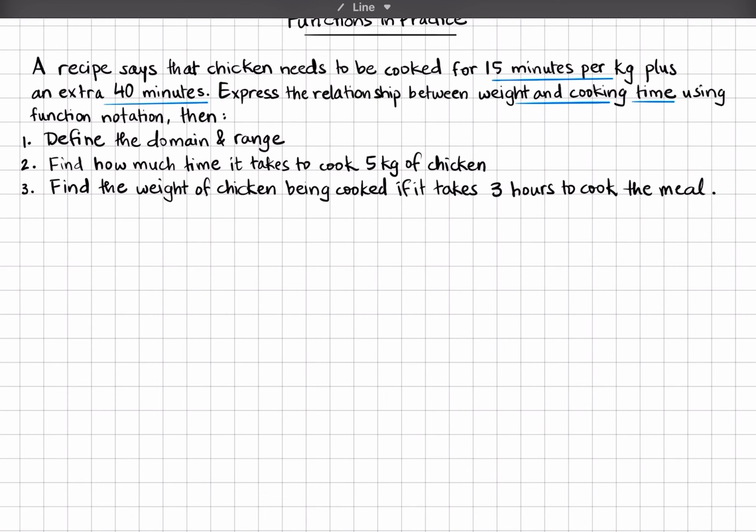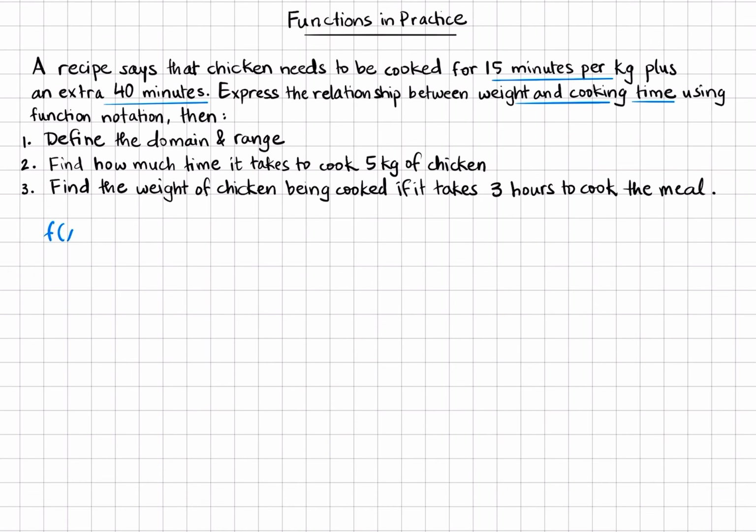So how do I begin? First of all, let's remember that our function is always f of x equals something, and this something is going to have x in it somewhere. Now, what is my input here?